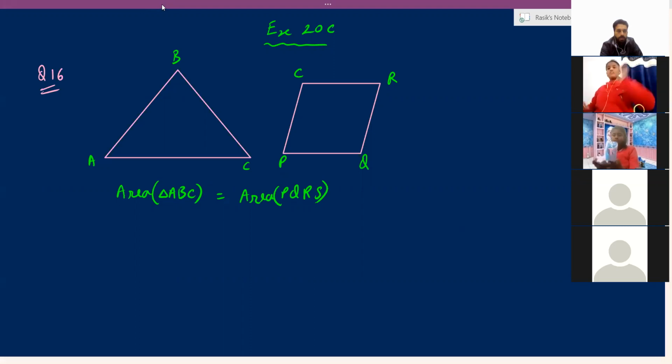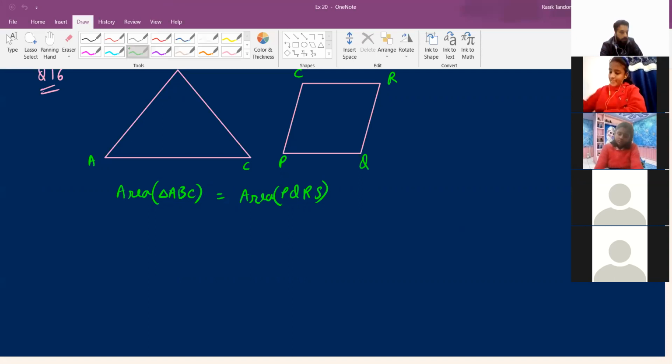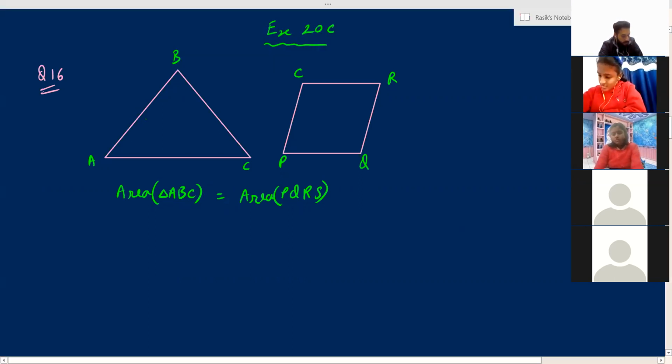And what else is given? The base of the triangle is 24.8 centimeters, and the height of the triangle is 16.5 centimeters, the corresponding height on the base AC.